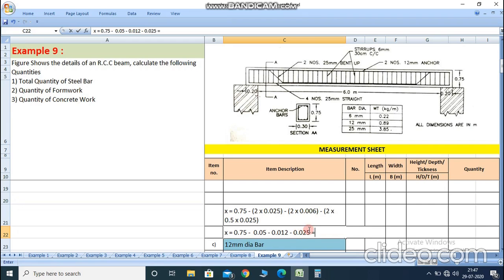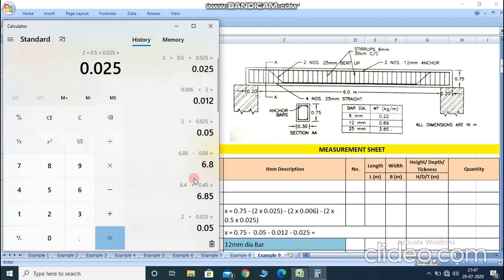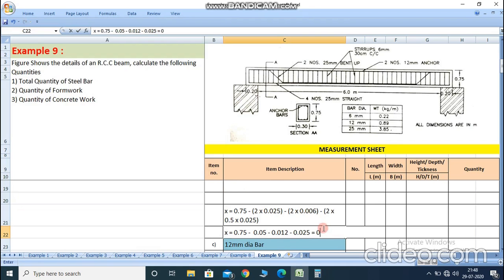Clear? So total answer is 0.75 minus 0.05 minus 0.012 minus 0.025. The x value answer we got as 0.663 meter. So for a bent up, extra 0.663 meter is required.